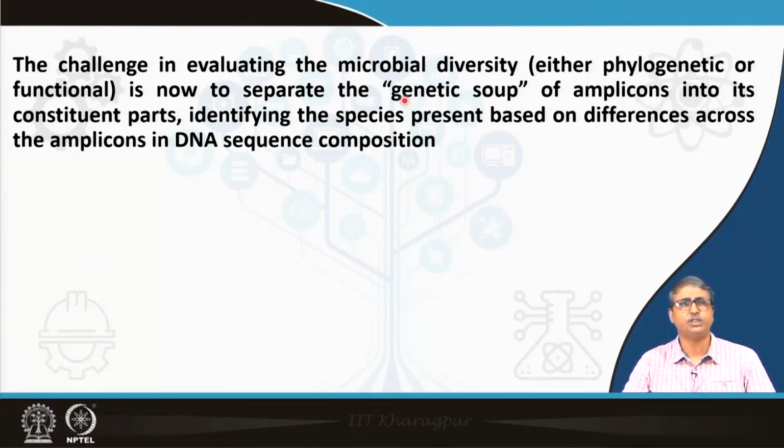I said a million copies of the amoA gene, and if we had, for example, 4,000 different ammonia oxidizing species, there could be many different types of amoA genes. So the amplicons could be of different types. Now we have to separate them. So, for example, in the case of a microbial diversity question, we identify the species present based on the differences across the amplicons in DNA sequence composition.